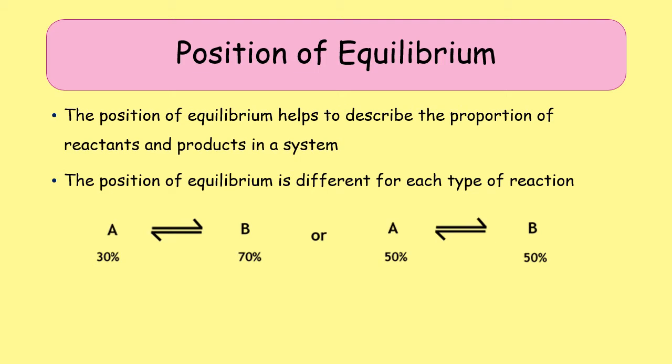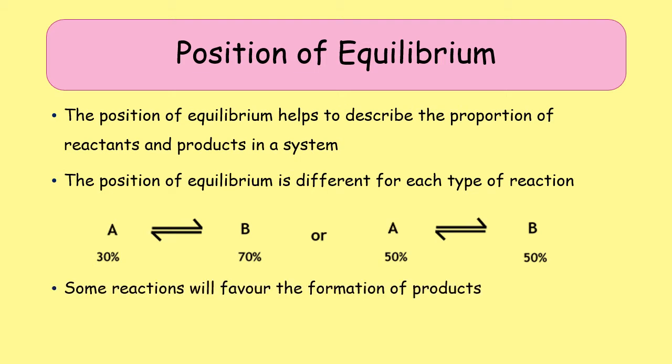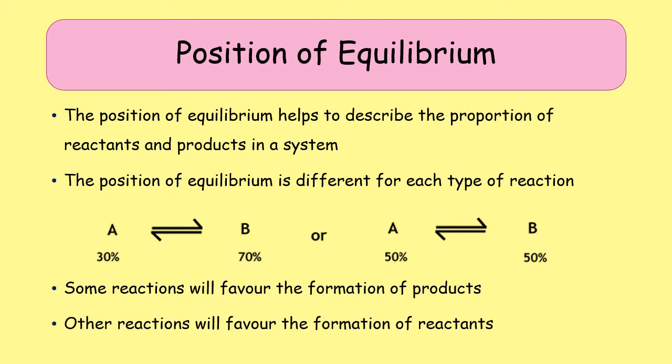They are both at equilibrium, but they just have a different proportion of reactants to products at the point of equilibrium. Some reactions will favour products, some reactions will favour reactants. It is very rare to get that situation shown by the system on the right-hand side where you have equal numbers of each. It usually favours one or the other.